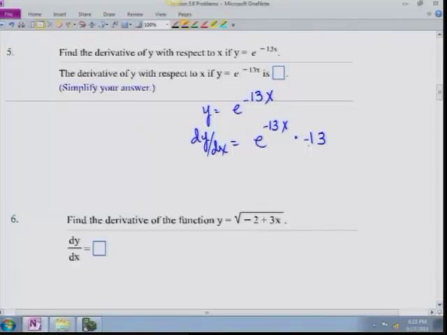There we go. And so typically we would put that number in the front. So we would have negative 13 e to the negative 13x. Is that good?